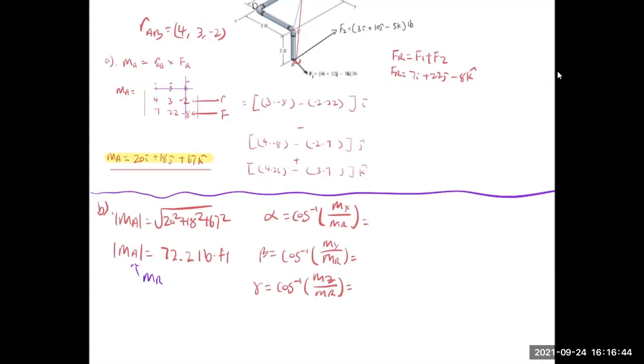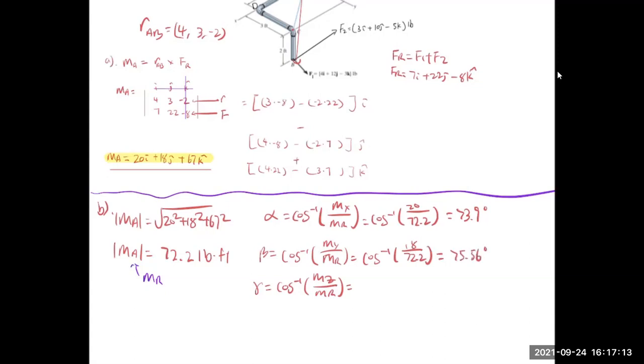Okay, so alpha will be cosine inverse of Mx, which will be 20, divided by MR, which would be 72.2, and I got 73.9 degree for alpha. And then for beta, cosine inverse of 18 divided by 72.2, and I get 75.56 degree for beta.